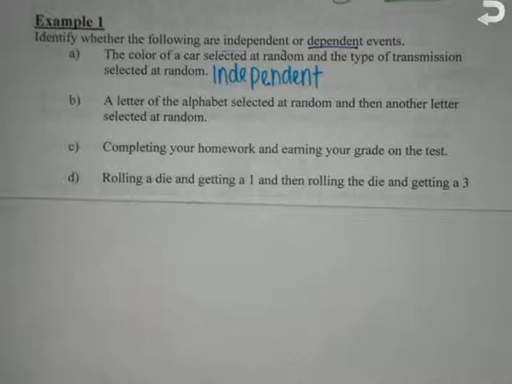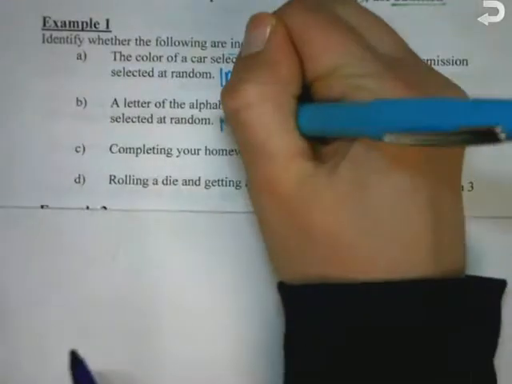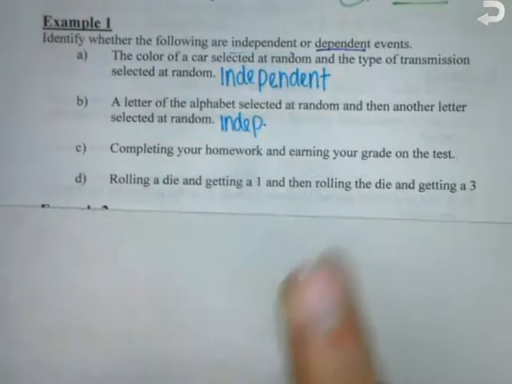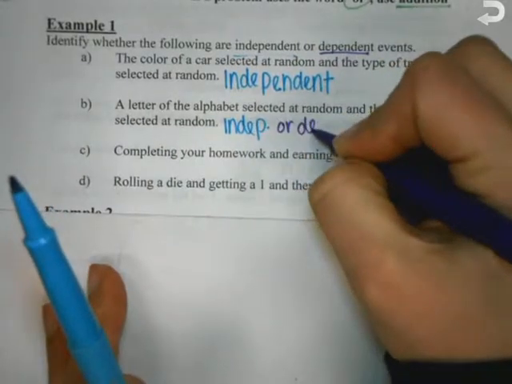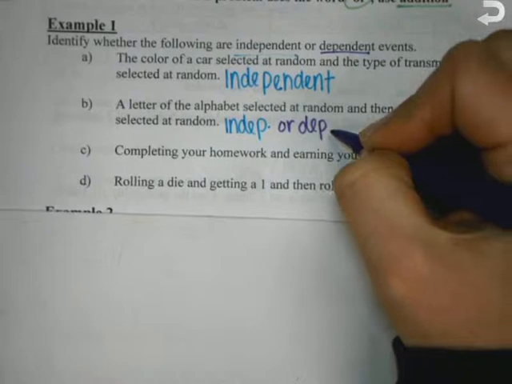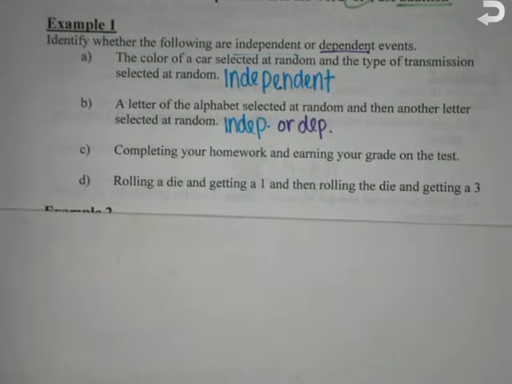If I select A and I can put A back and select it again, is that independent or dependent? Independent. So this question's not really super clear. It can be either one. So just write independent or dependent. Okay, this one is not a super clear question.